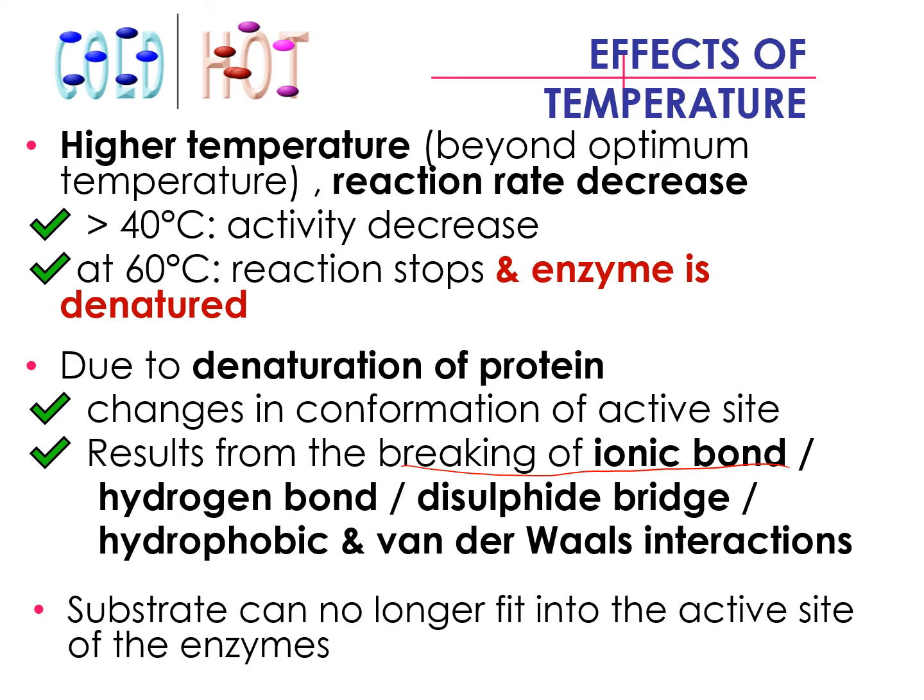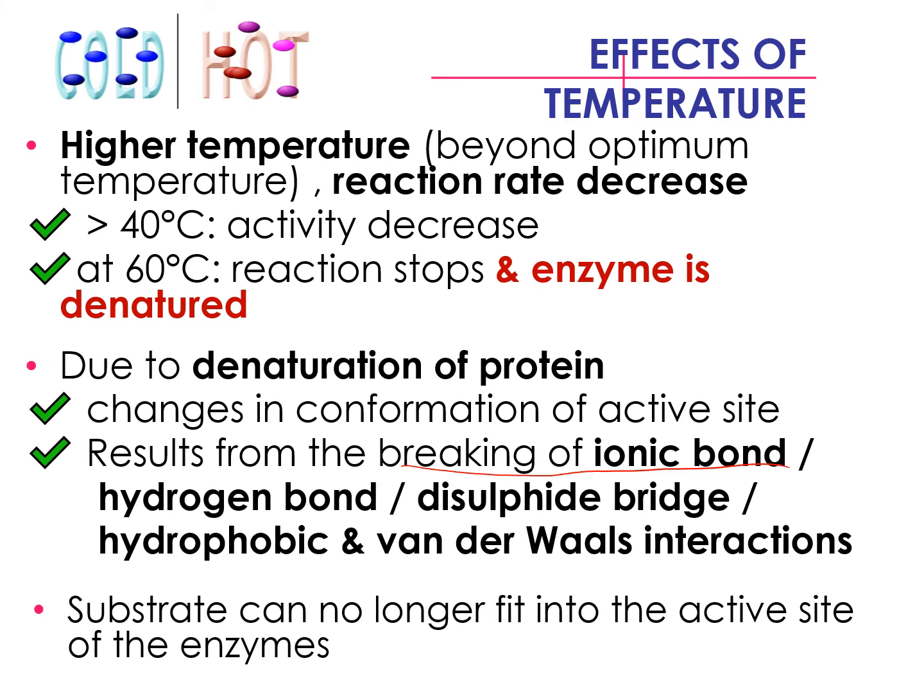Remember that we learned there are 4 levels of protein: the primary, secondary, tertiary and quaternary. The tertiary and quaternary proteins are globular proteins, and they have a 3D shape because of these bonds: ionic bond, hydrogen bond, disulfide bridge, hydrophobic and van der Waals interactions.